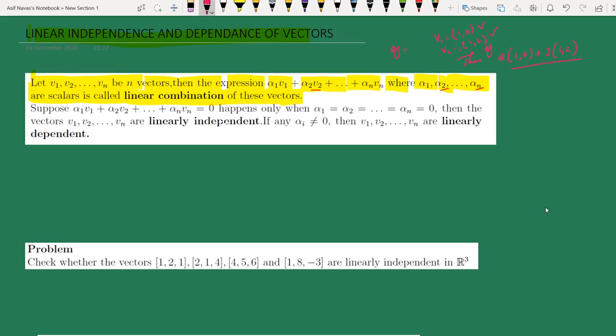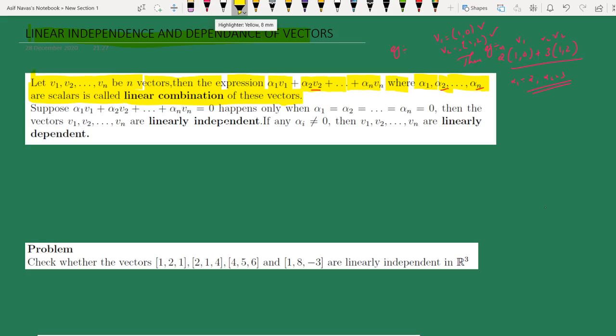That means a scalar times that vector plus again a scalar times that vector. Here these are v1, v2, alpha 1, alpha 2. So alpha 1 is 2, alpha 2 is 3. So this is an example.